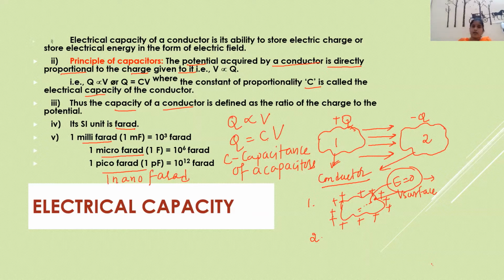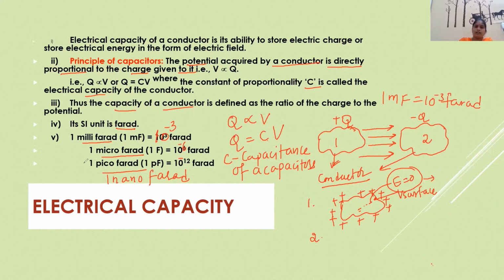Now, 1 millifarad is 10 power minus 3 farad. And 1 microfarad is 10 power minus 6 farad. And 1 picofarad is 10 power minus 12 farad.